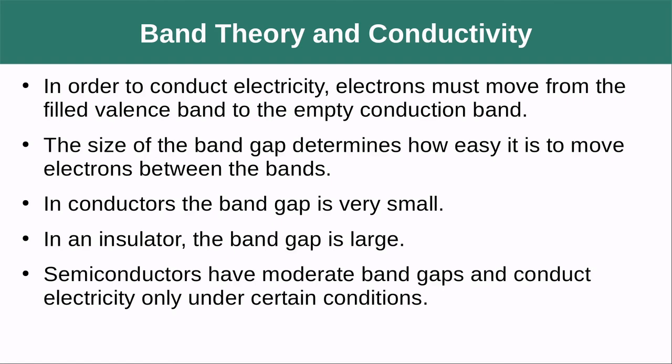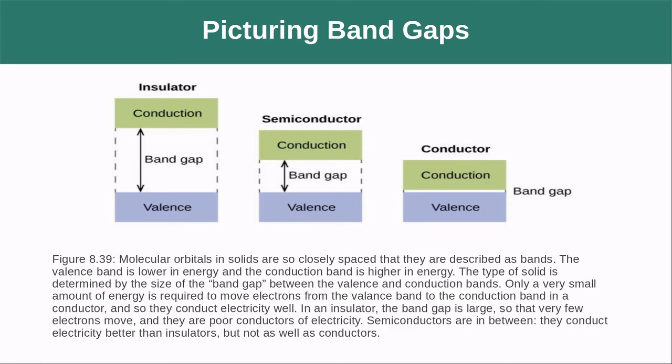Semiconductors have moderate band gaps and conduct electricity only under certain conditions. So we can see now that using molecular orbital theory, we have a theory behind conduction that allows us to determine whether something is going to be an insulator, semiconductor, or conductor, if we can get a sense of how large this band gap between the valence band and the conduction band is.